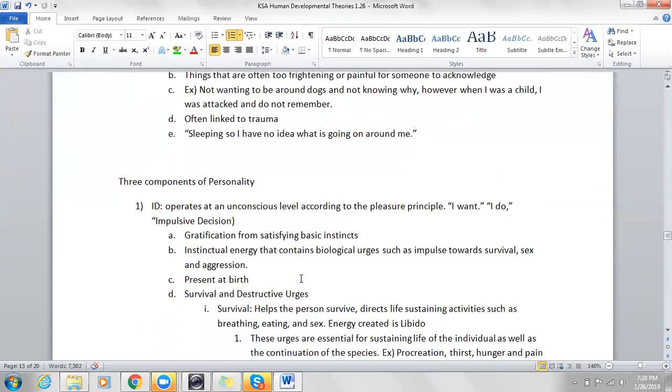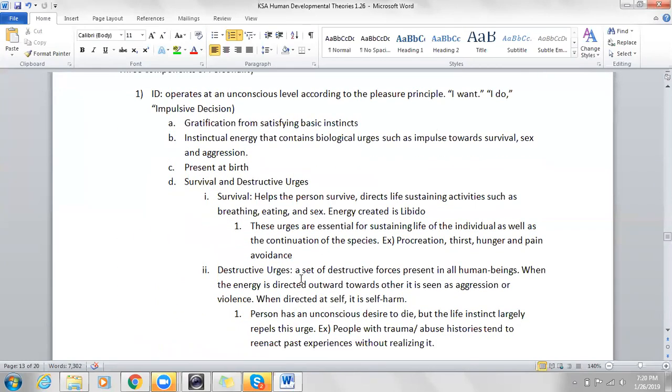Which then leads us into the three levels of personality: id, ego, superego. So id operates at an unconscious level according to the pleasure principle, meaning I want it, I'll do what I want. And then ID for I do, or impulsive decision, because these are all your impulses.